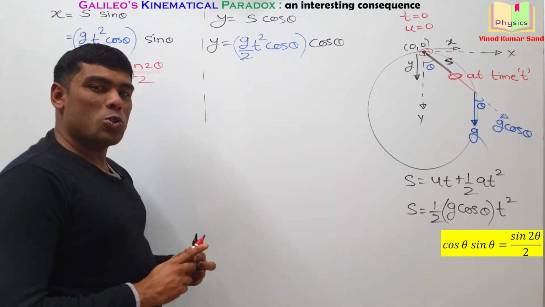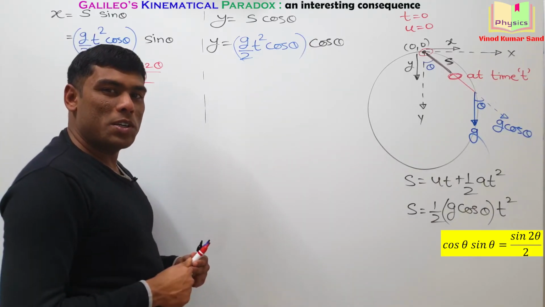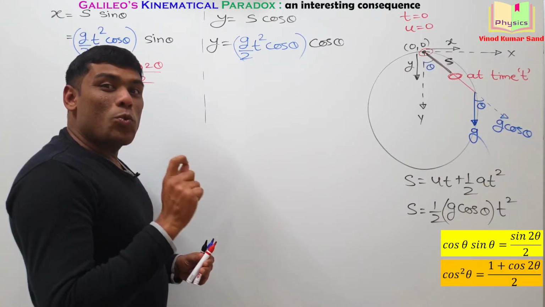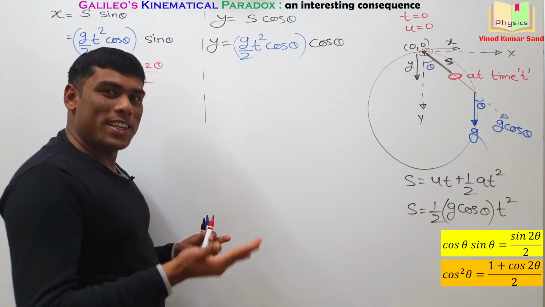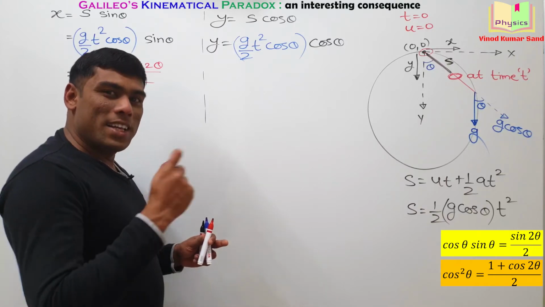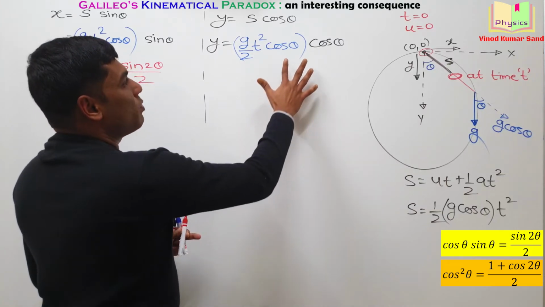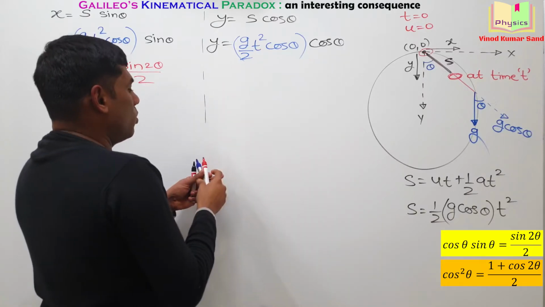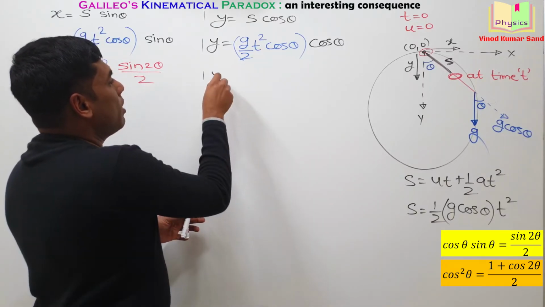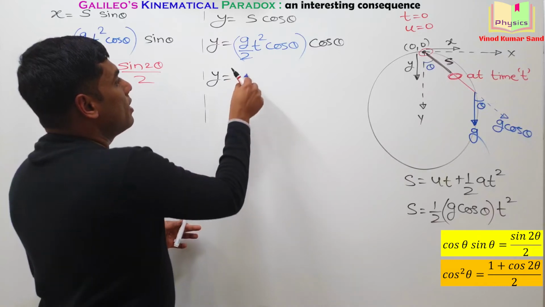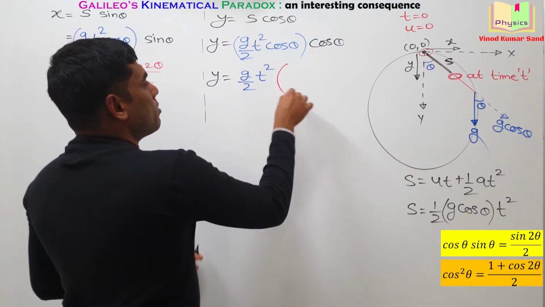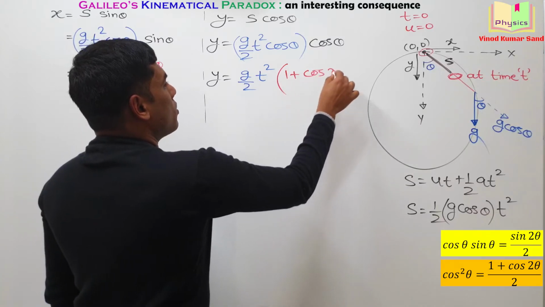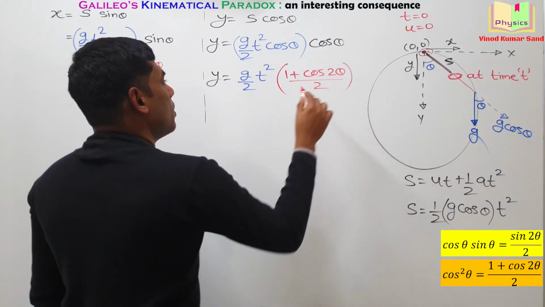At the place of cos square theta from trigonometry, what can we put? Correct, 1 plus cos 2 theta by 2. All these things are taught already in the video of the trigonometry. You can go and check that playlist if you don't remember the formulas. So this expression of the y will be represented as g by 2 t square, and the replacement here is 1 plus cos 2 theta by 2.